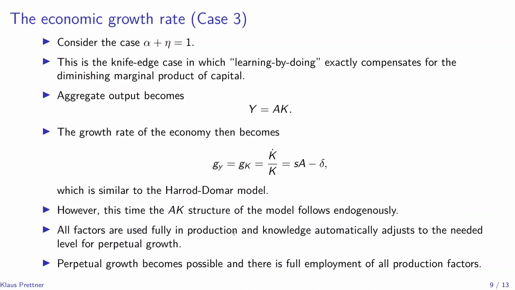So due to the use of capital in the production process, knowledge increases and that increases productivity. And it adjusts here exactly to the needed level for perpetual economic growth. So perpetual economic growth in this model becomes possible, although there is full employment of all production factors.